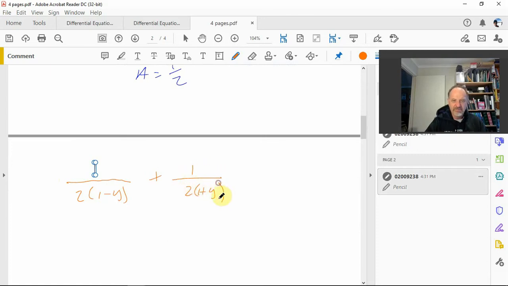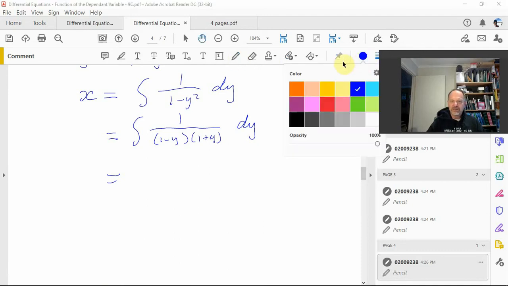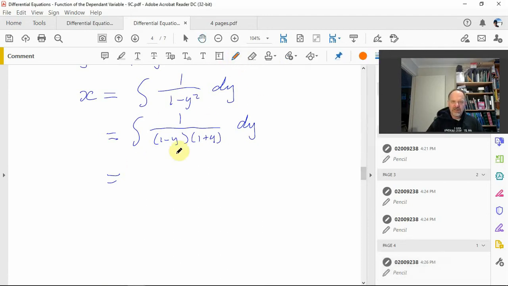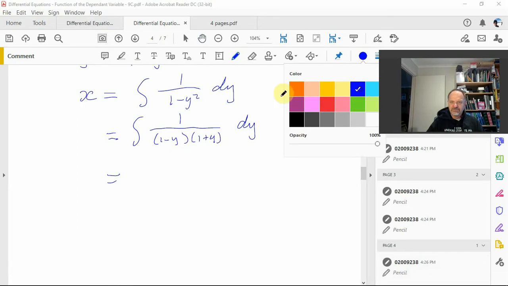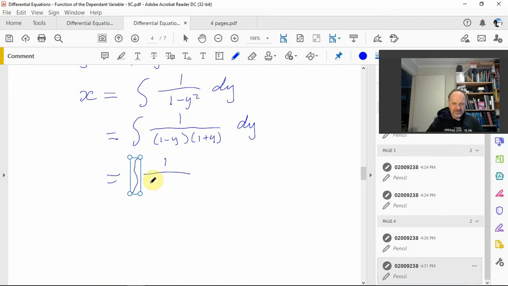Oops, 1 plus y. All right, so I'm going to take that and put it on my previous page. So that's what this now becomes. This now becomes the integral of 1 over 2 times 1 minus y plus 1 over 2 times 1 plus y, dy.